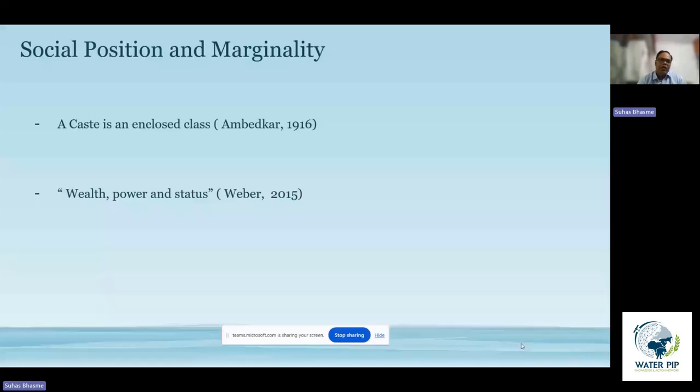The idea of caste is to be more closely identified with the way Weber tries to understand positions in terms of wealth, power, and status, where your standing in a social category or hierarchy determines your accessibility to resources. The higher your position in the hierarchy, the more accessibility you will have to the resources, and vice versa for the lower strata groups.